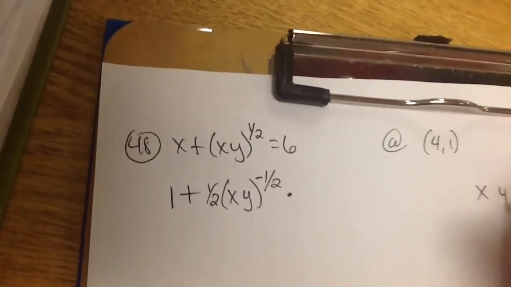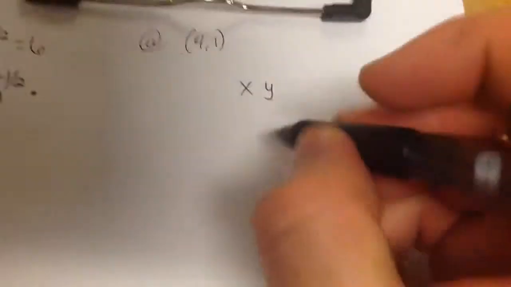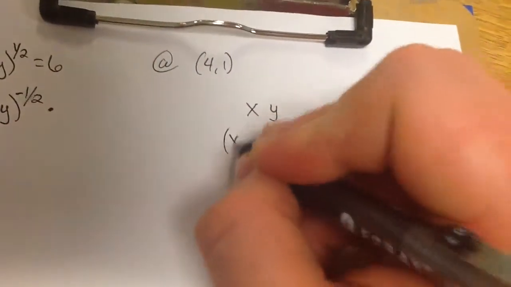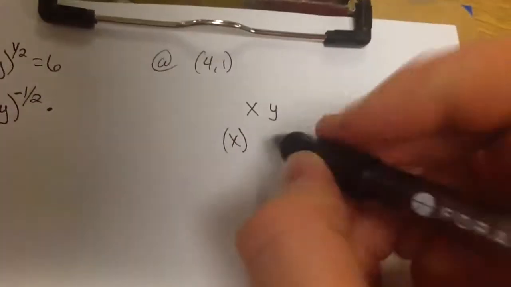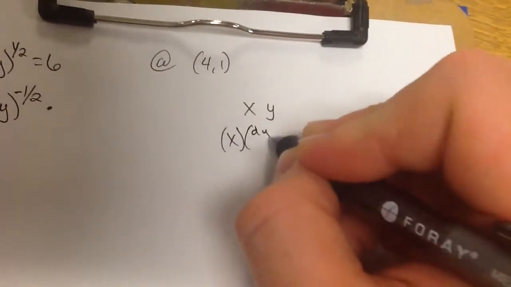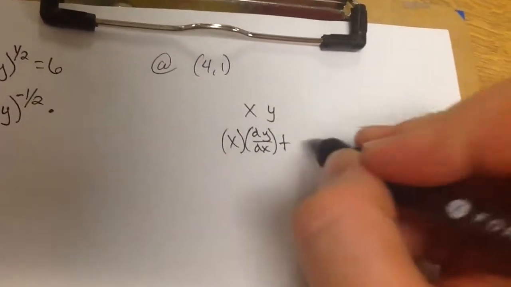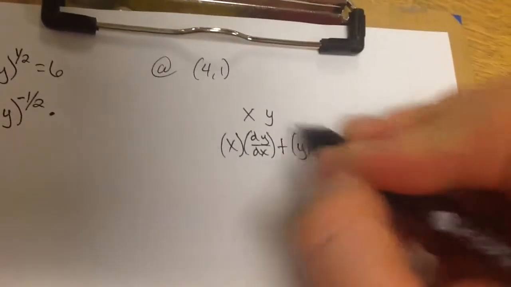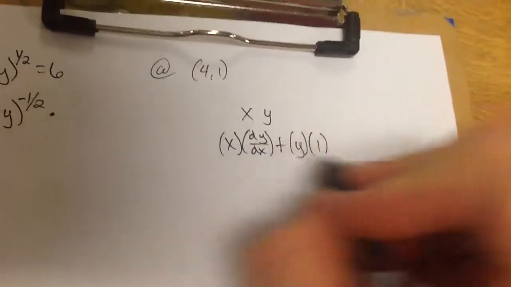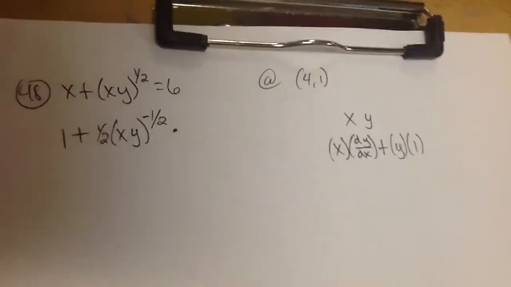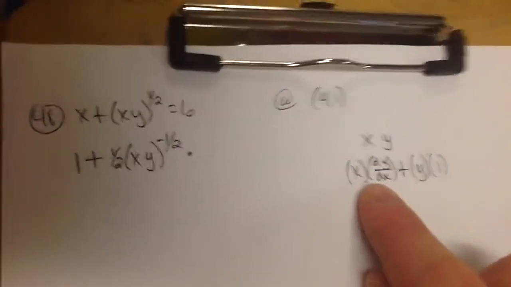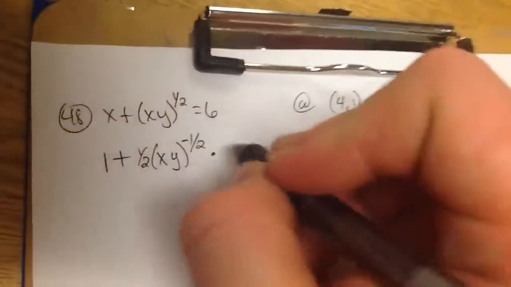So I'm going to come over here, derivative of x times y, well that's the first one, product rule, right? Times the derivative of the second, plus the second one, times the derivative of the first. So there's your derivative of the inside. So that's x dy dx plus y.